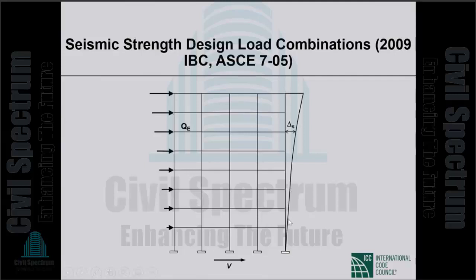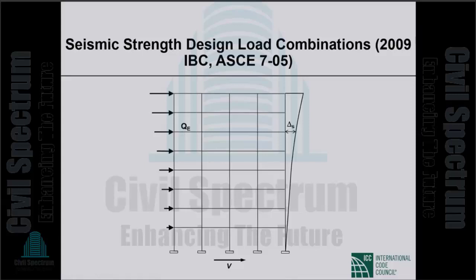We analyze our structure elastically under those floor level forces, the IBC notation for which is capital F sub X, X for floor level X. This analysis will give us bending moments, shear forces, axial forces at the various critical sections of various structural members.